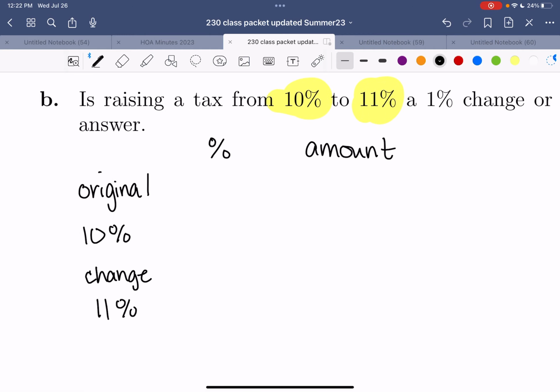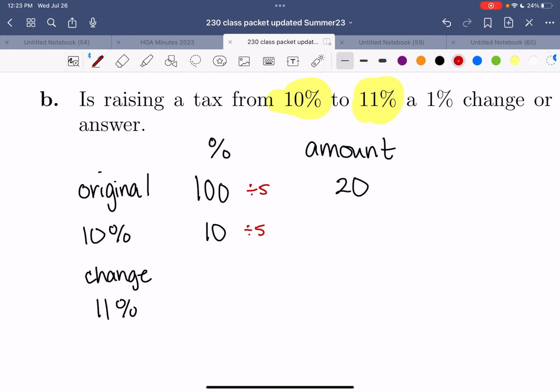Okay. Now, the original should always be 100%. And I'm going to choose an amount that doesn't look similar so that we get some different numbers. So I'm going to go with 20. So let's present our amount. Our original amount is 20. If we want to look at 10% of that, so 10% of 20, you can do this in your head or you can go ahead and cross multiply, but that's essentially if we divide by 5 and divide by 5 here.